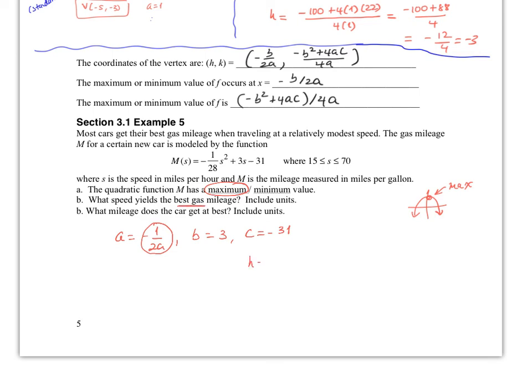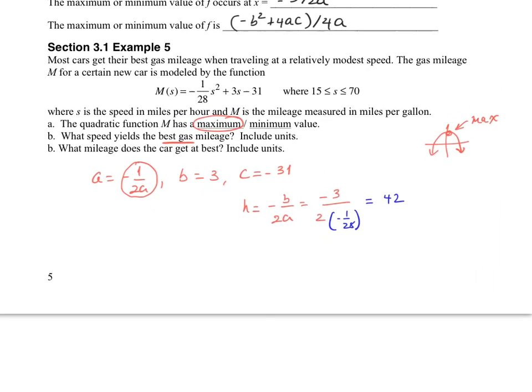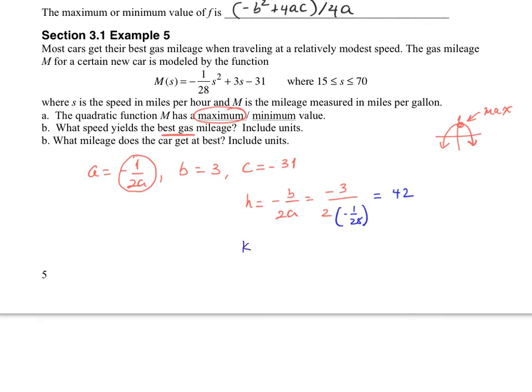So remember, the coordinate for the vertex will be equal to minus b over 2a, which in this case will be minus 3 over 2 times minus 1 over 20. And once you simplify all of this, and you should check this for yourself, this is equal to 42. Now, to find the actual maximum, so remember this will be the maximum miles per gallon, just plug it into this formula right here.